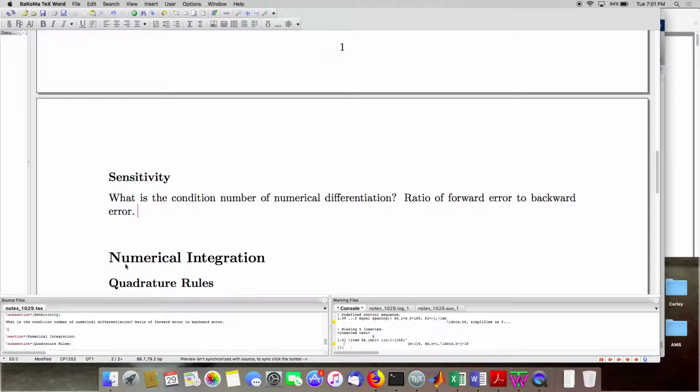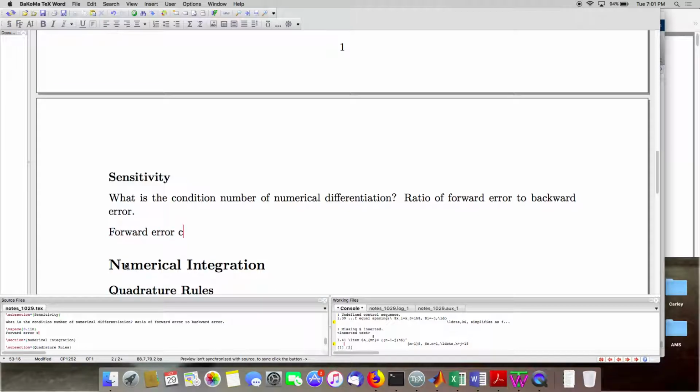Now, how are we going to get that in this case? Well, forward error comes from error formulas derived using Taylor or Lagrange. So the error formulas I was showing last time would be the forward error.